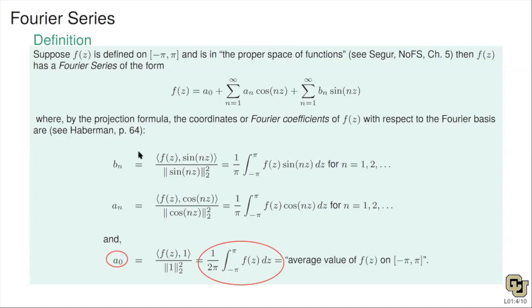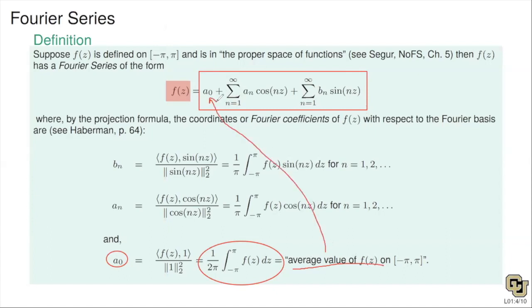Here I think it's really important to think conceptually about what we're trying to do. On the left-hand side, I have a function I'm trying to approximate. On the right-hand side, we have the approximation. If you think about how the right-hand side works, it starts out with a base value. If you zero out all the other coefficients, it starts out with a base value that's the average of the function.